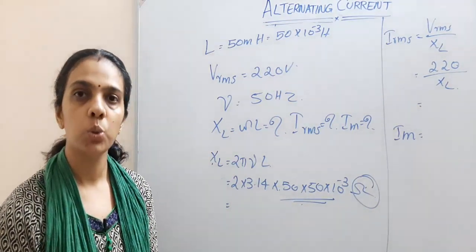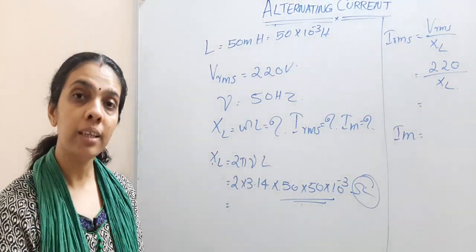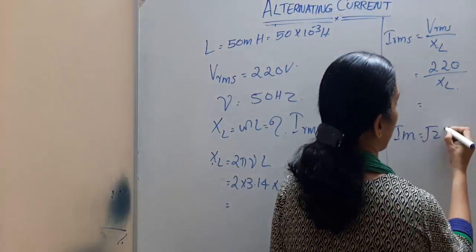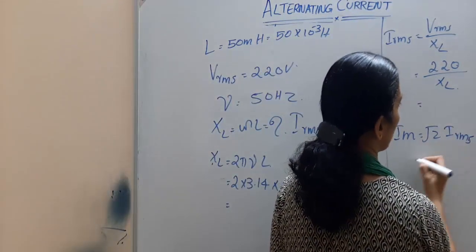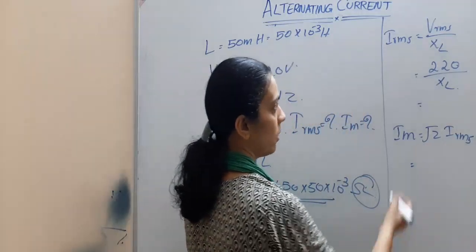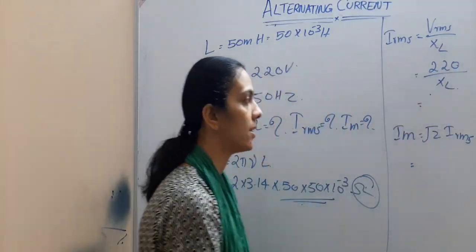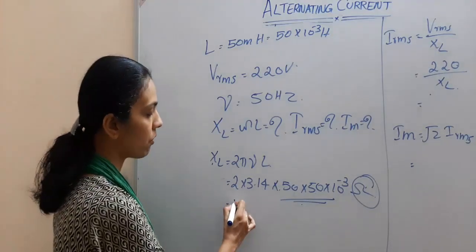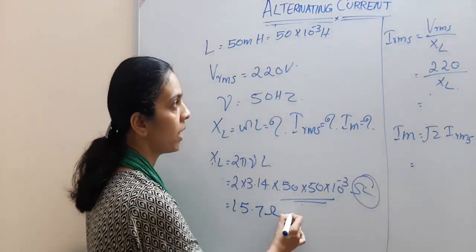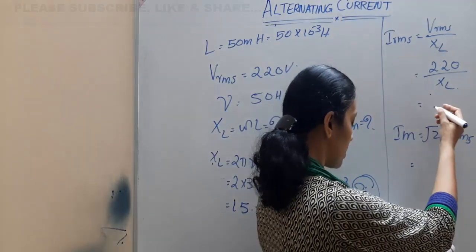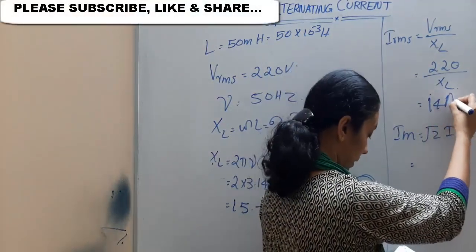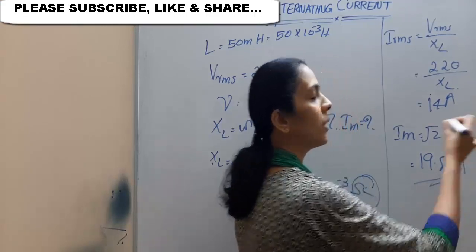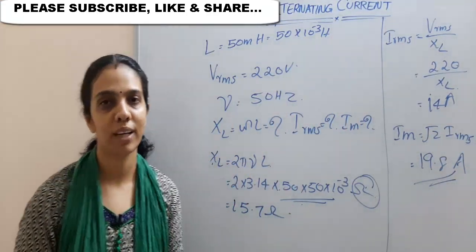As I told you, Im will be greater than IRMS, that is root 2 IRMS. In the last class I told you how we get the RMS value. The final answers are: XL will be 15.7 ohm, IRMS you will get as 14 ampere, and Im you will get as 19.8 ampere. You can solve and find these out.